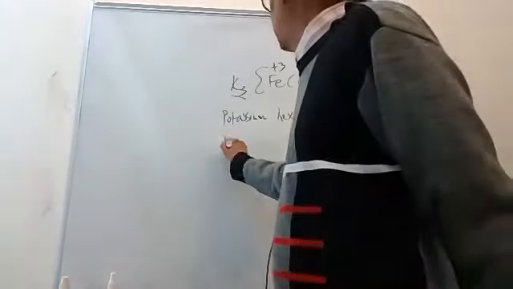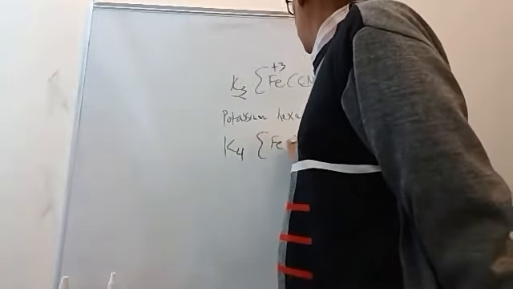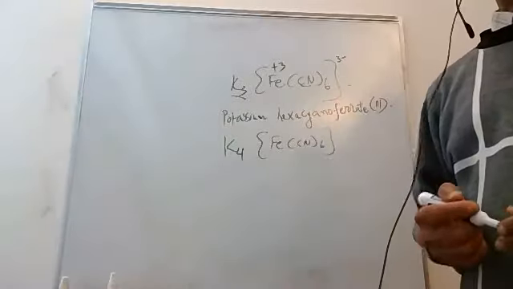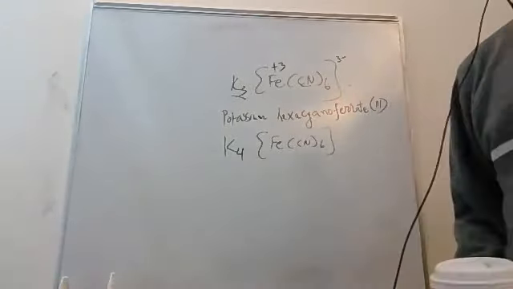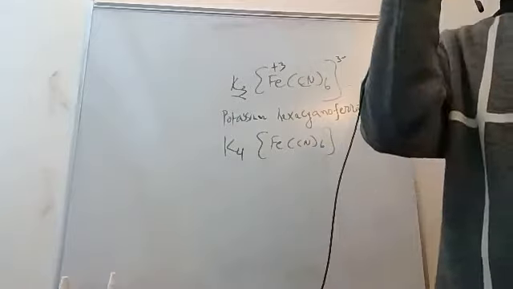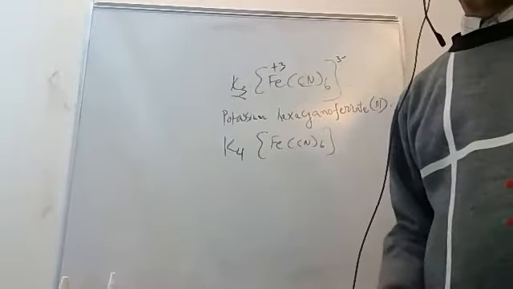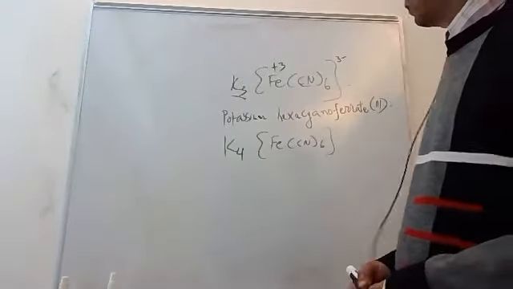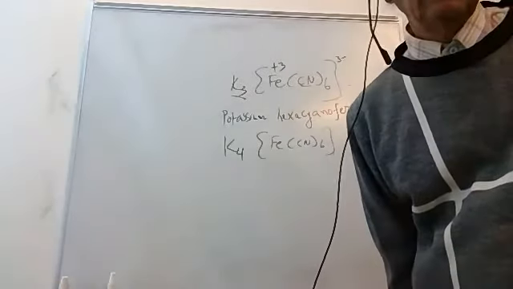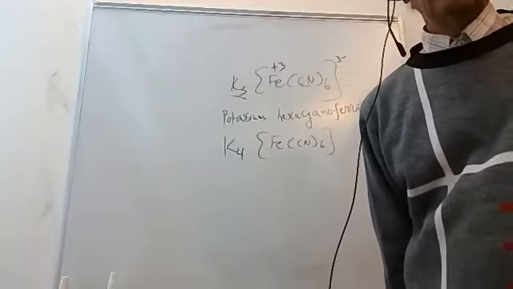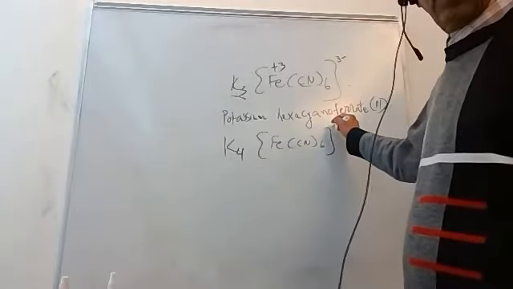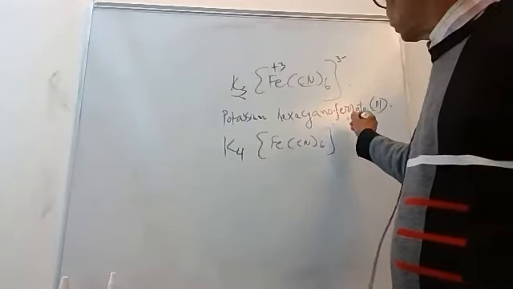Let's put another one. If I have K4[Fe(CN)6], what should be the name of this complex? So there are 2 complexes possible with potassium and cyanoferrates. What's the difference between them? Is the only difference the charge on the iron? Yes. So the charge in the complex should be -4.